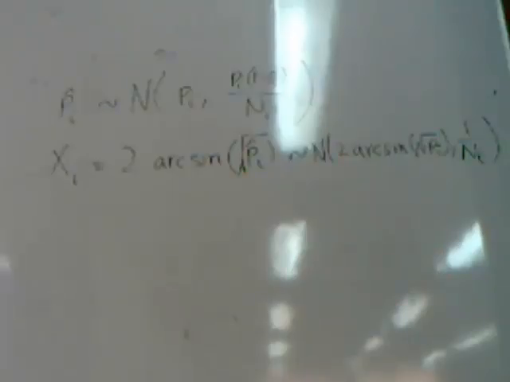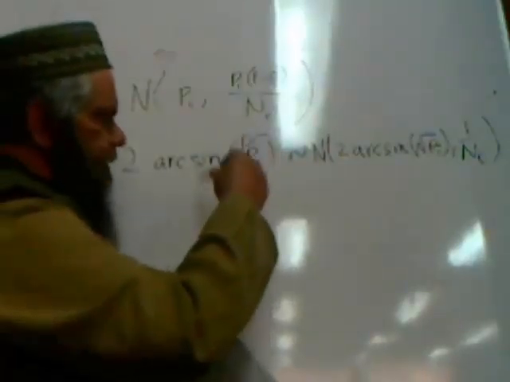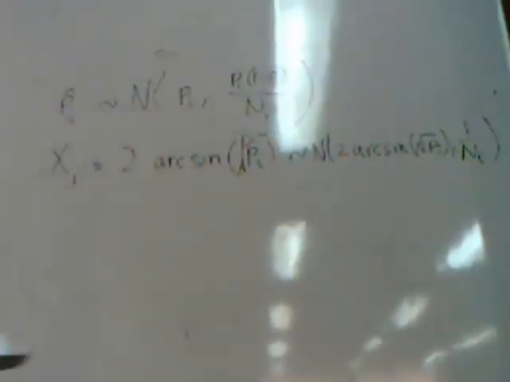Basically, we've already discussed this the first time, and at some point you should go over this, although it's not a big deal. What happens is that you can make a Taylor series expansion of this, and the second order and higher terms will be small because p hat I tends to be close to Pi.